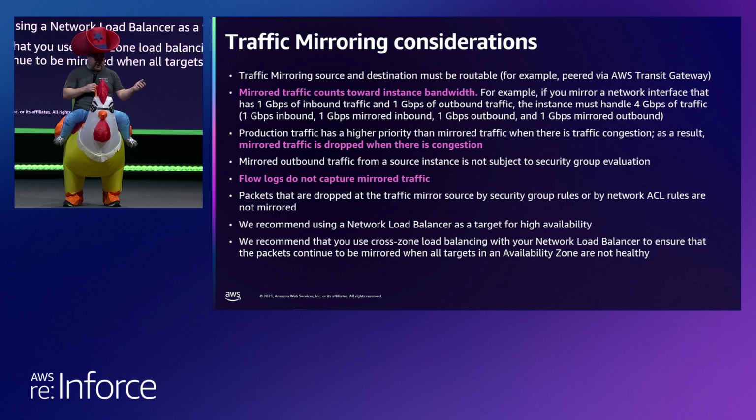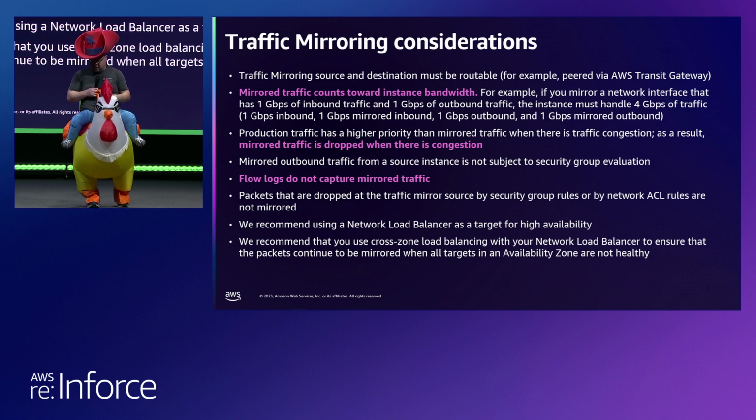We just talked about the recommended network load balancer. That way you can keep up with any level of traffic mirroring that you want, as long as you've got the capacity behind it to meet it. Think auto scaling group, right? And then cross zone load balancing on your network load balancers to ensure that your packets continue.